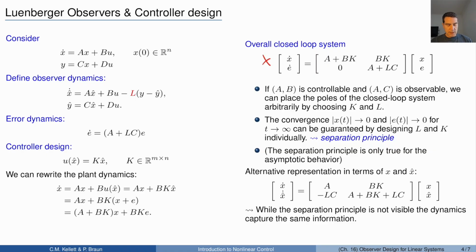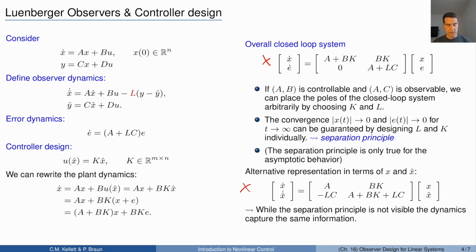This representation in terms of x and e helps us understand the closed loop properties in terms of stability of the origin. An alternative representation that is usually used in the implementation is, instead of augmenting the state x with the error dynamics e, to augment it with x hat.